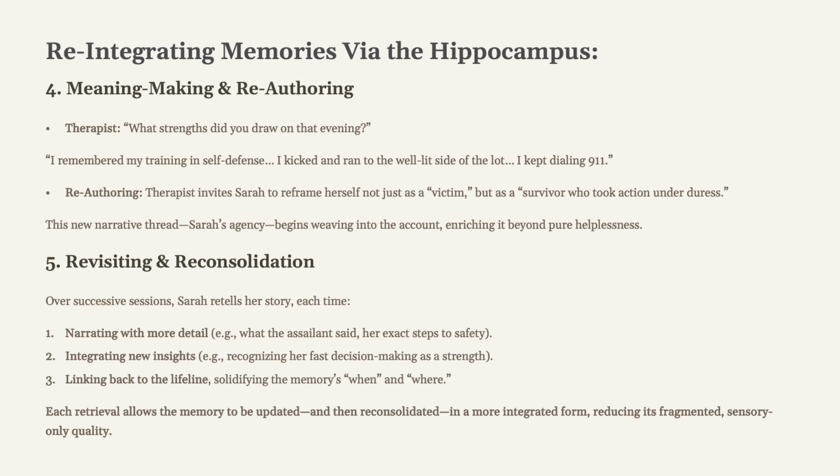Because now when she thinks about the story, she'll have new pieces of information, fuller pieces of information, all in the context of her being a victor or a survivor, or whatever the positive meaning was that you were able to help facilitate. Okay, and so that's what this is, reintegrating memories via the hippocampus. And the hippocampus is the part of the brain that will reconsolidate the memory and the sensory experiences as well. It's going to help in all of that.